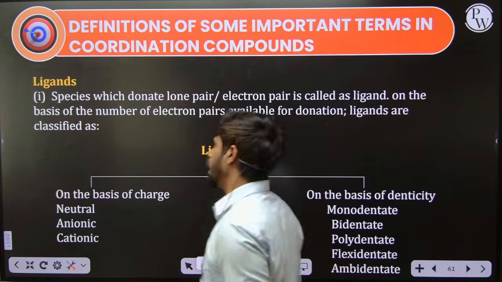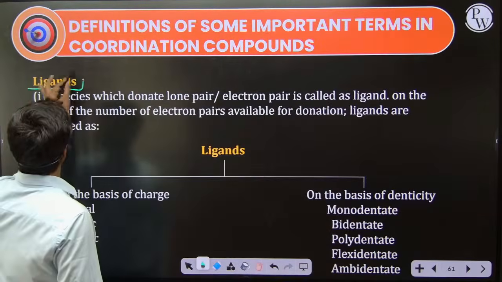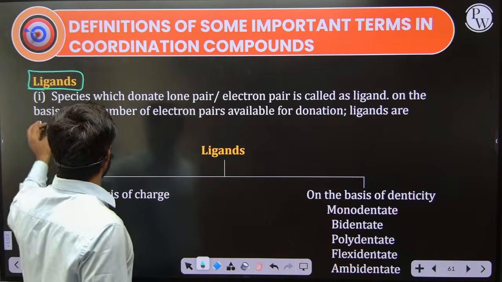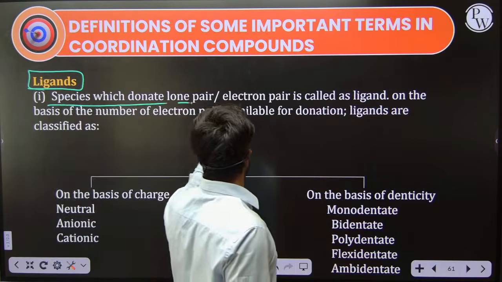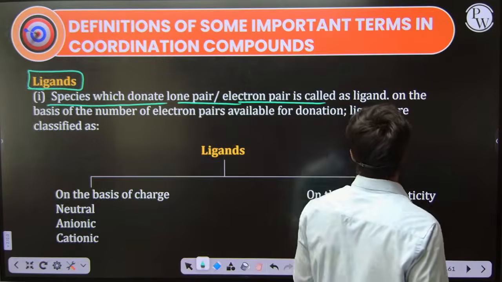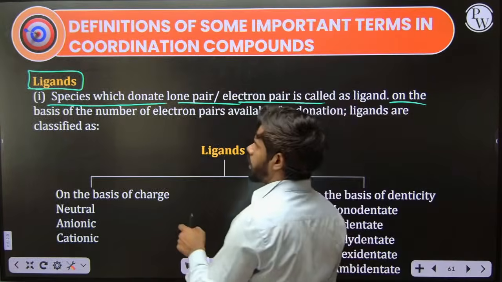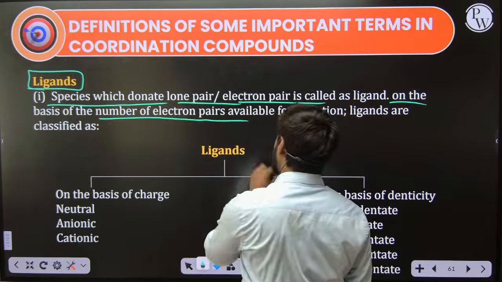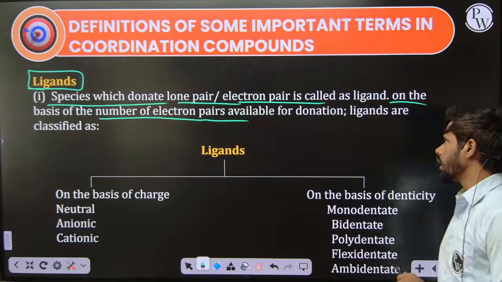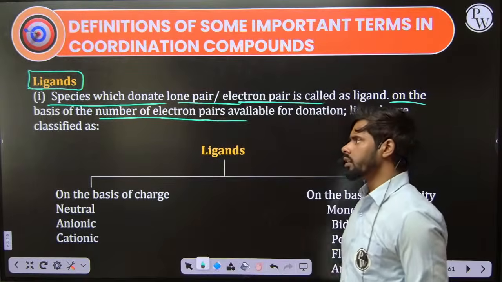Next are ligands. What are ligands? Ligands are the species which have a lone pair and can donate it to the central metal atom. On the basis of the number of electron pairs available for donating, ligands can be classified.